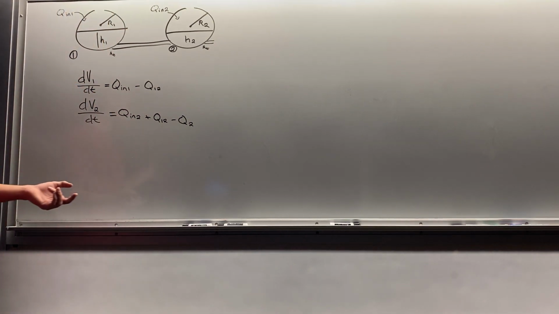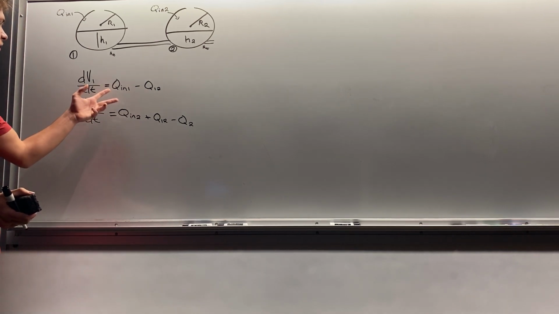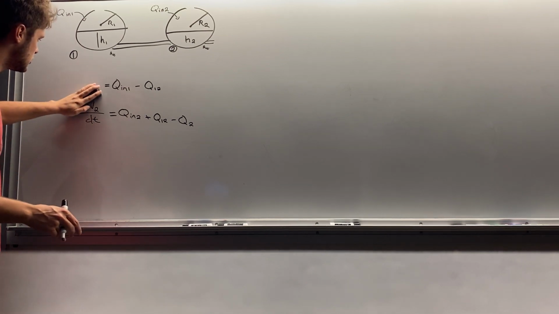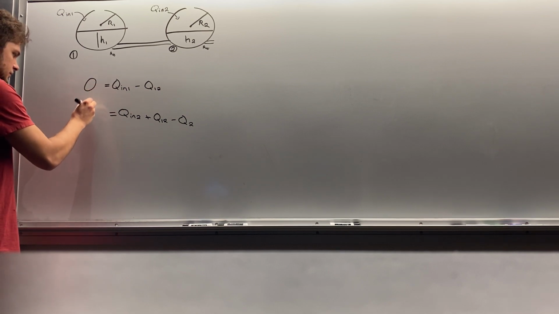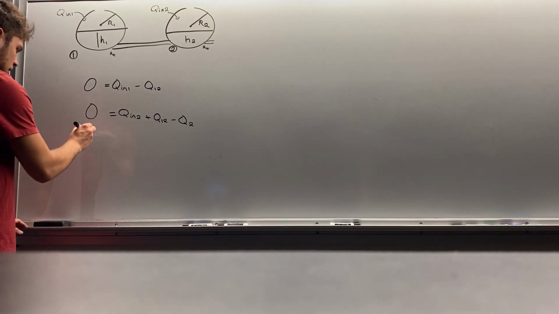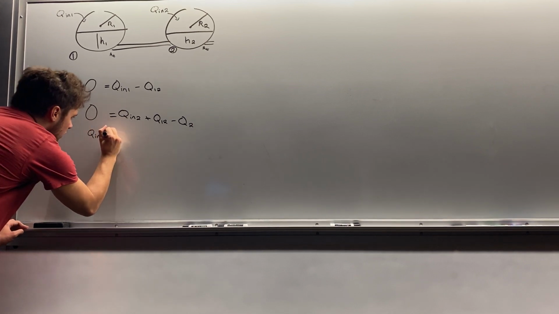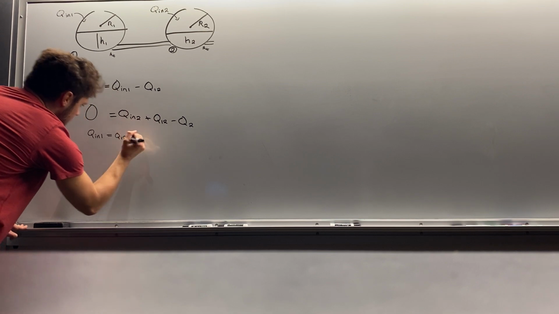And as I said, we're looking for the initial steady state so we can solve for our initial flows coming in. So if we're at a steady state, we know that our changes in volume are going to be equal to 0. So now we can just rearrange our equation, and we get that Q in 1 is going to be equal to Q1,2.